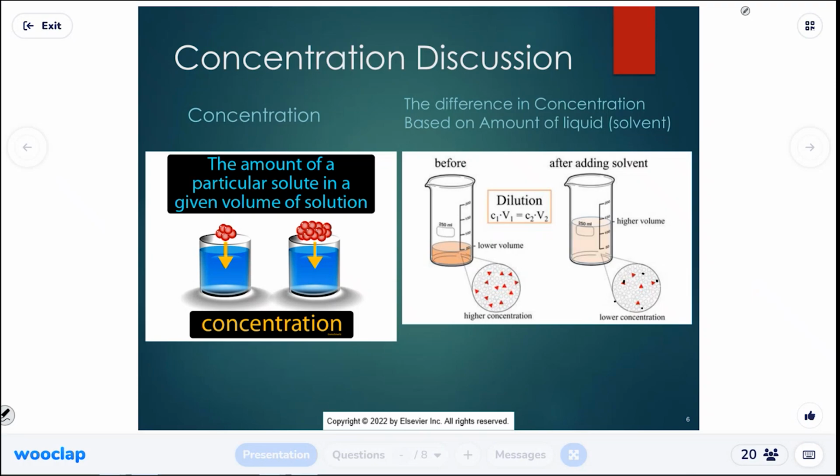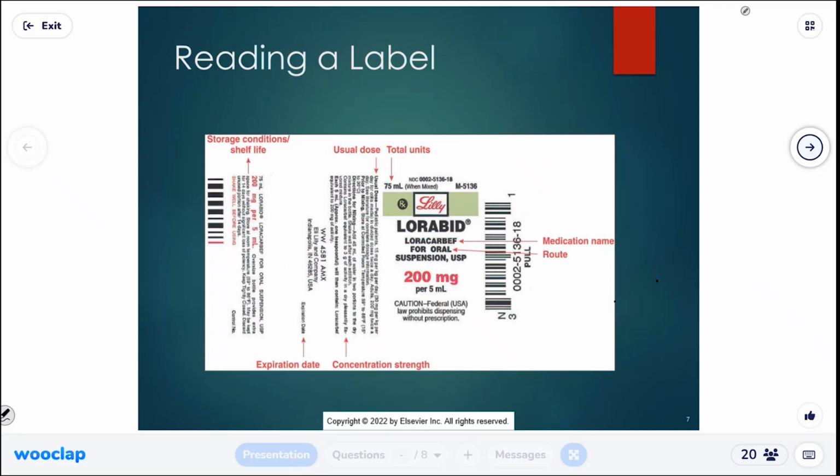That's what concentration is saying. And it uses the word adding a solvent. A solvent is another word for adding liquid to a solution, but we don't have to know that one necessarily.